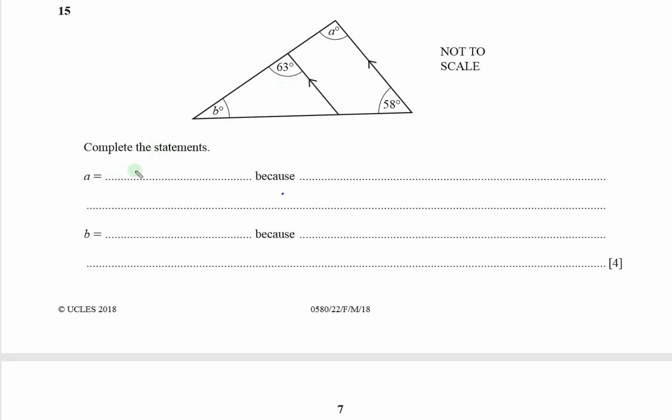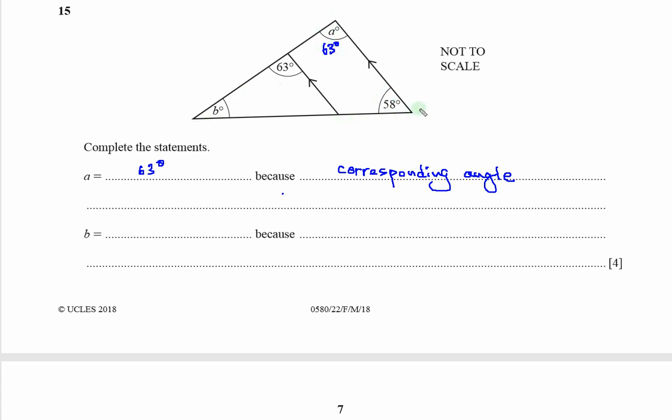A is definitely 63 degrees. The reason is corresponding angles. Okay, B. If you have 63 here, you got 58.